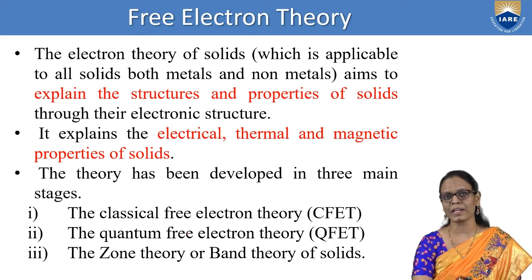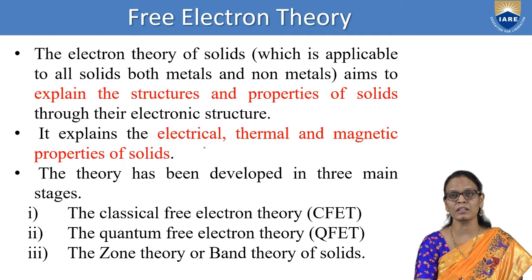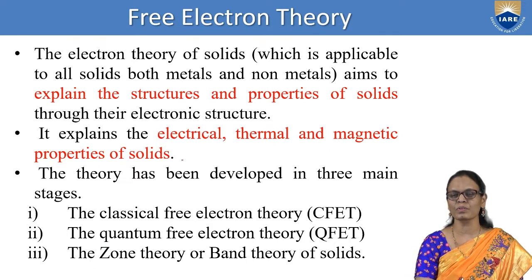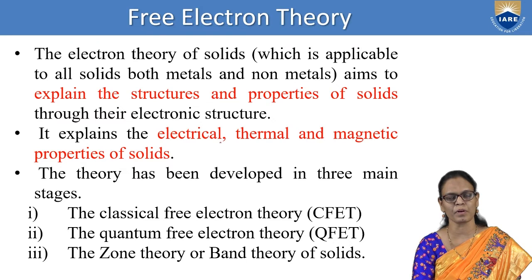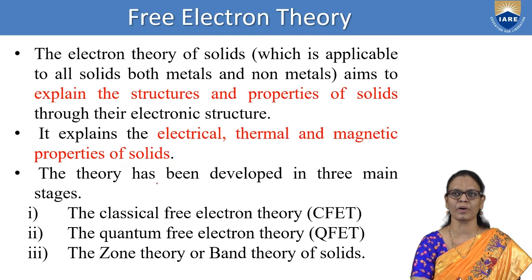By studying this electronic structure, what they can explain is the electrical, thermal, as well as magnetic properties of solids. If I speak about electrical properties, it is how they conduct, whether they are able to conduct electricity through them or not.